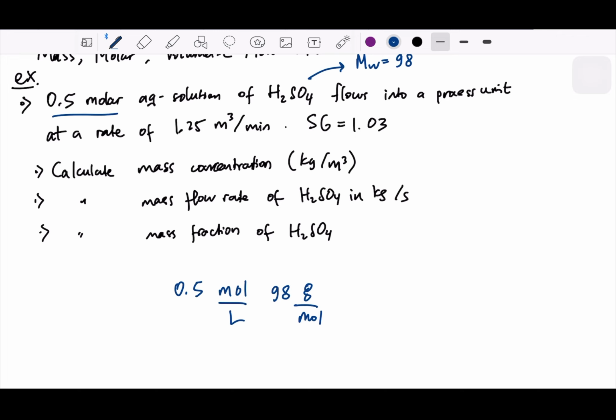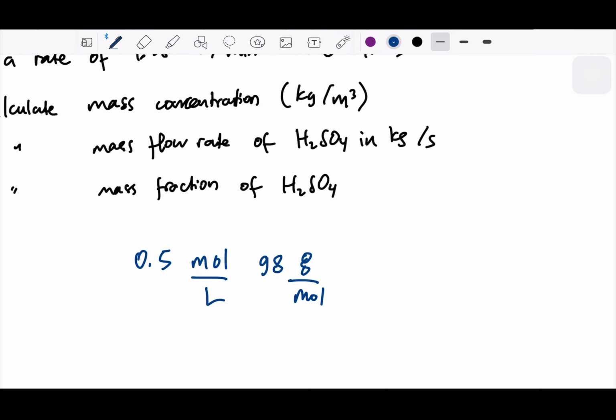So eventually, if you really observe only the unit itself, you can figure out actually what the formulations are. See here the mole already cancelled, so we need to convert the gram into kilogram.